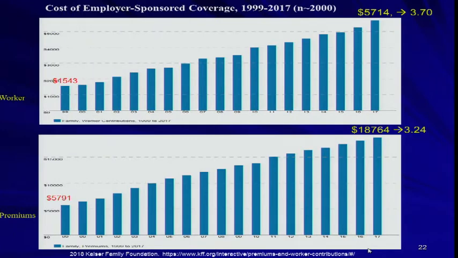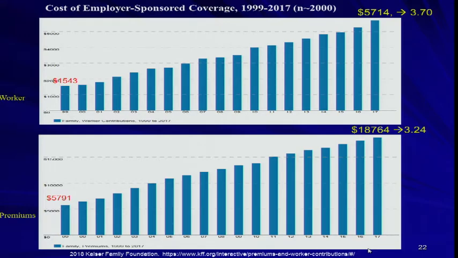Then the cost of insurance, like employer-sponsored coverage through work itself: we had to pay about $1,500 in 1999. That's where I started work here. At that time, I believe I paid around $2,800. This is for a family, you pay like $2,200 or $2,300 per month. But this is a national survey, so some may be less, some more.